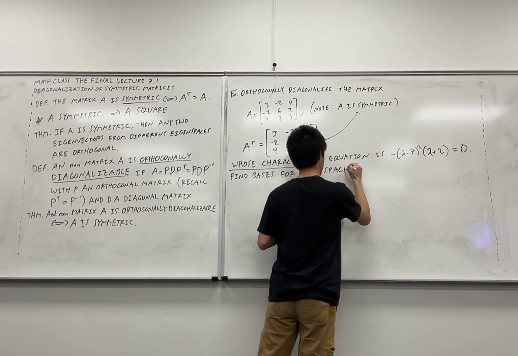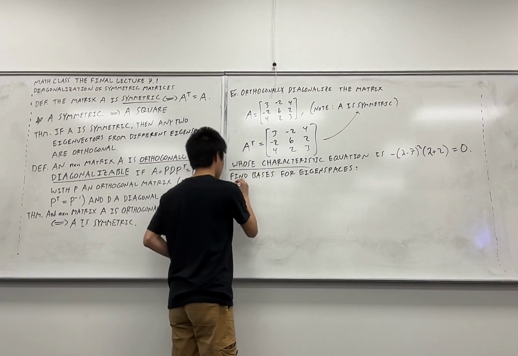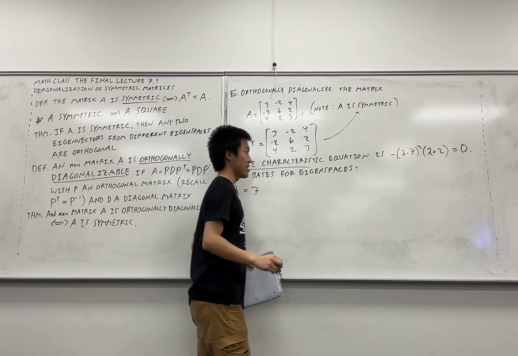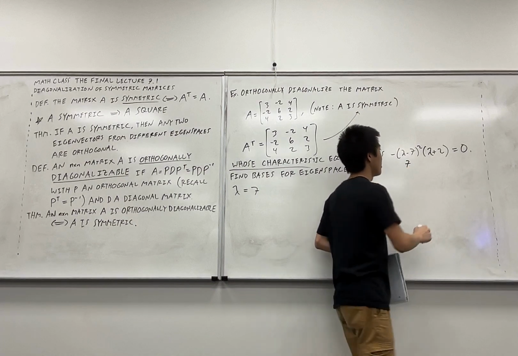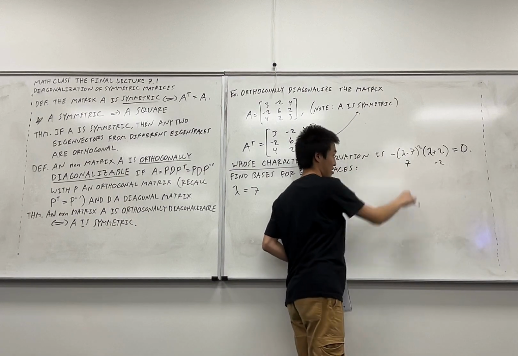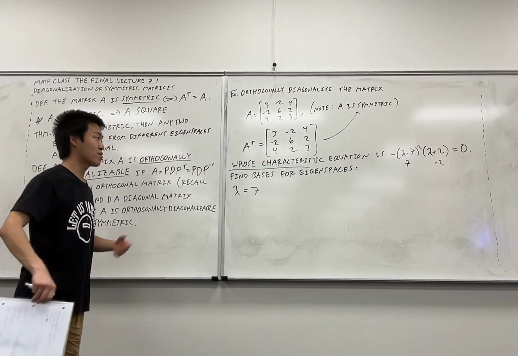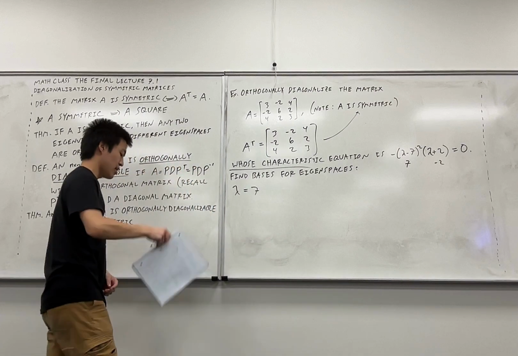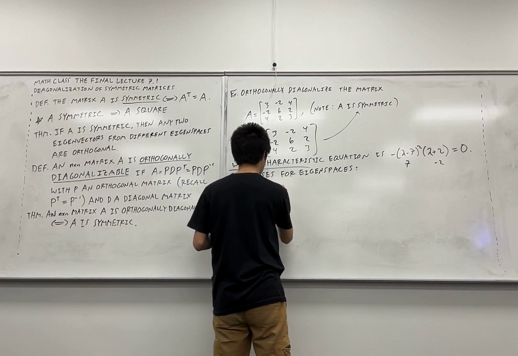So I have lambda equal to 7 to begin with, because I know that if I put 7 in here, it would be 0. And then in here, minus 2. What's the multiplicity here with 7? 2. So how many vectors should I expect to form a basis for this eigenspace? I need 2, yes.